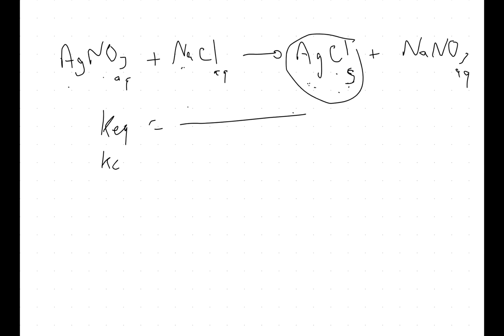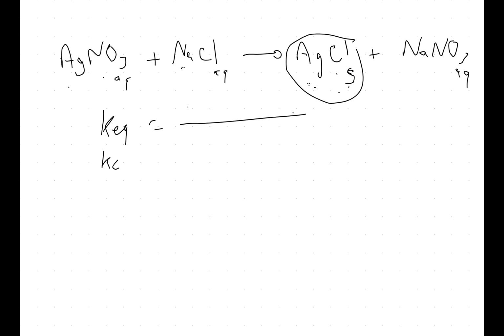We said in the equilibrium constant expression, we don't mention the solid or the liquid. It's a rule. We cannot mention them in the equilibrium constant. So we just mention the gases and the aqueous solutions.